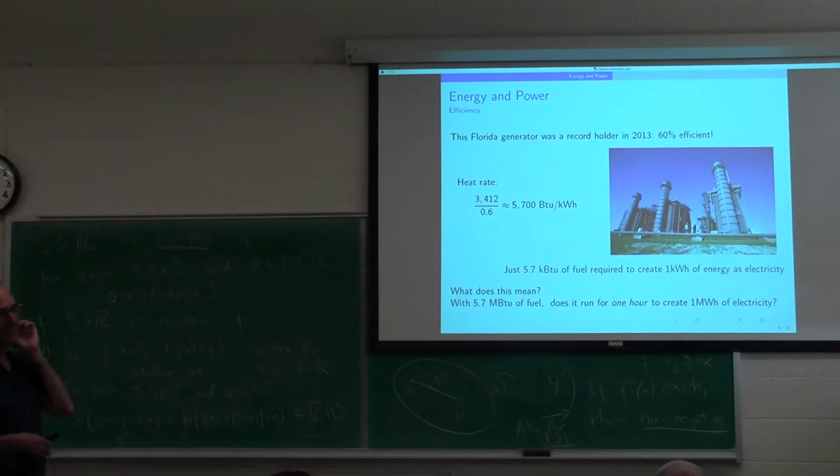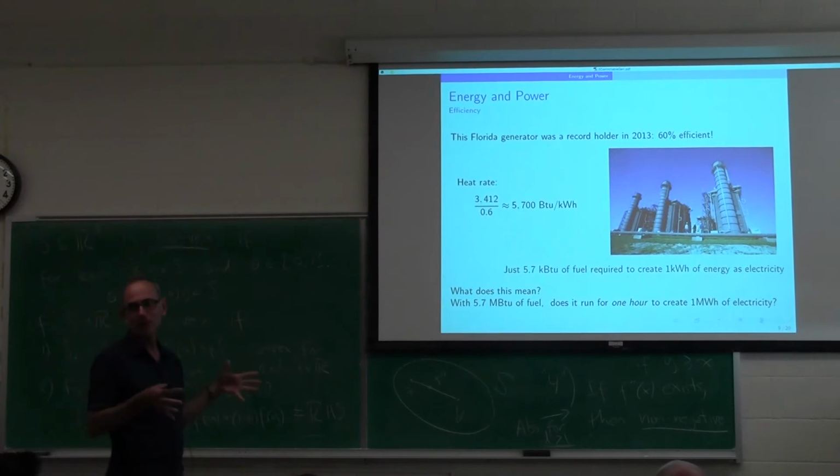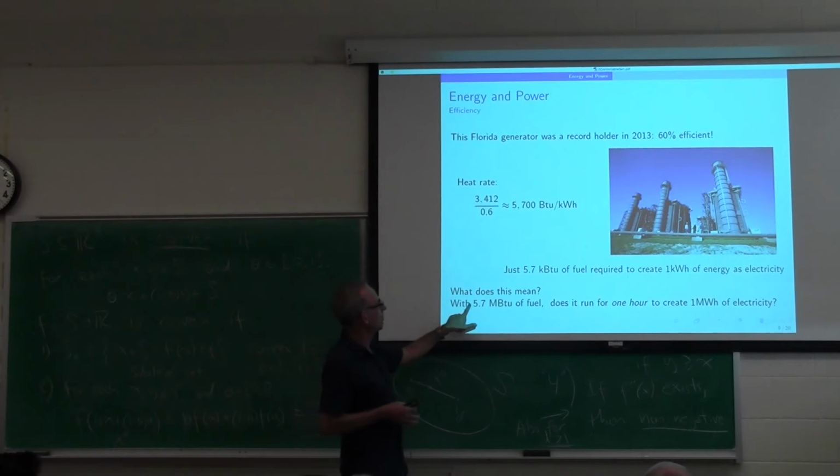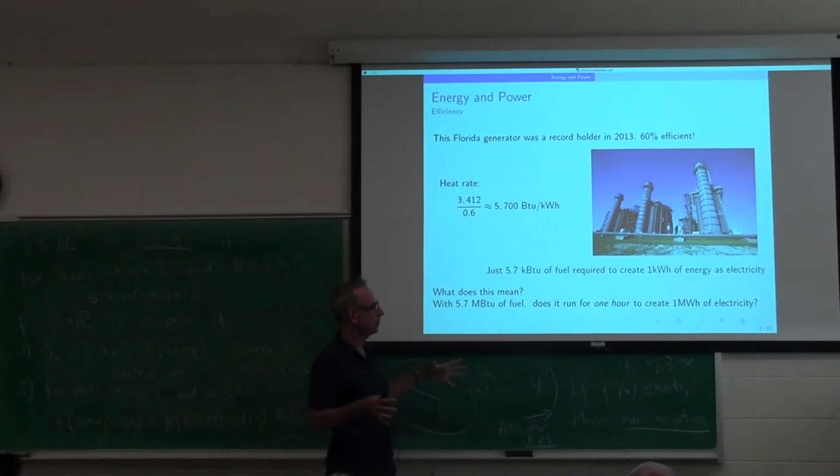I want you to think about this. Basically, it's a natural gas plant. I cart over enough natural gas to get this 5.7 million British thermal units of fuel. I give it to this generator and say, run for an hour and supply that much electricity.